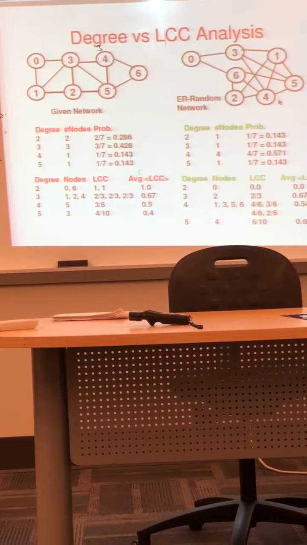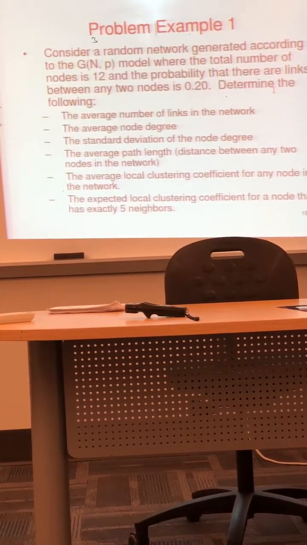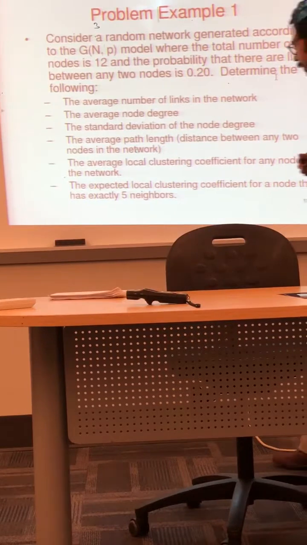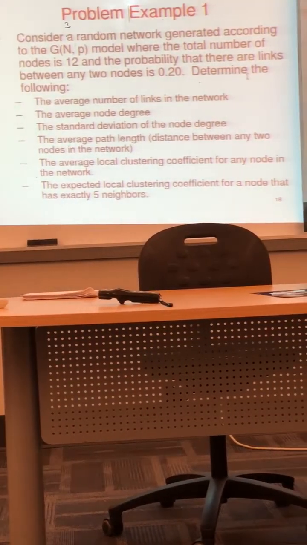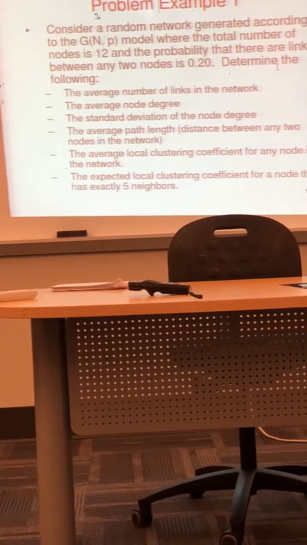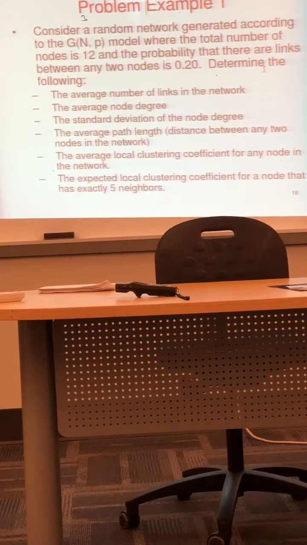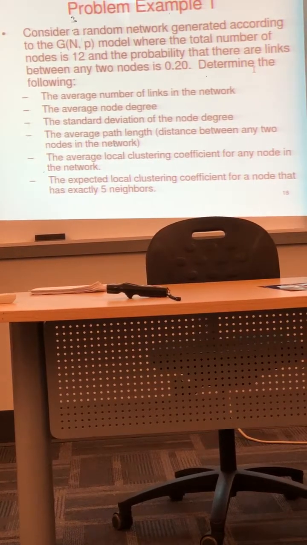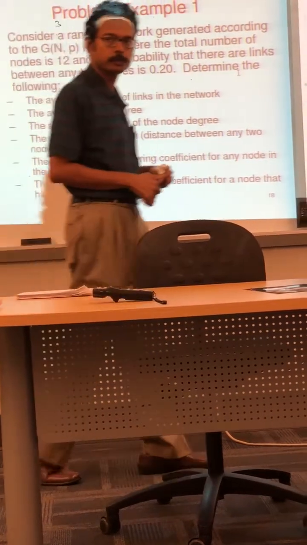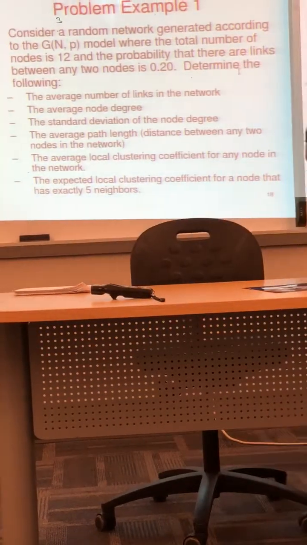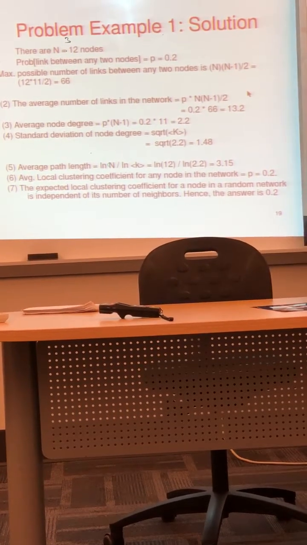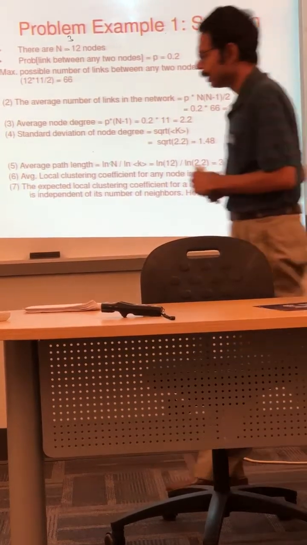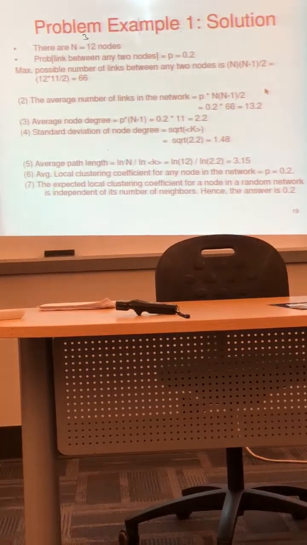Then what else? The average path length, or the distance between any two nodes. How to find the average path length? Okay, we don't use this formula yet. Might have mentioned before.